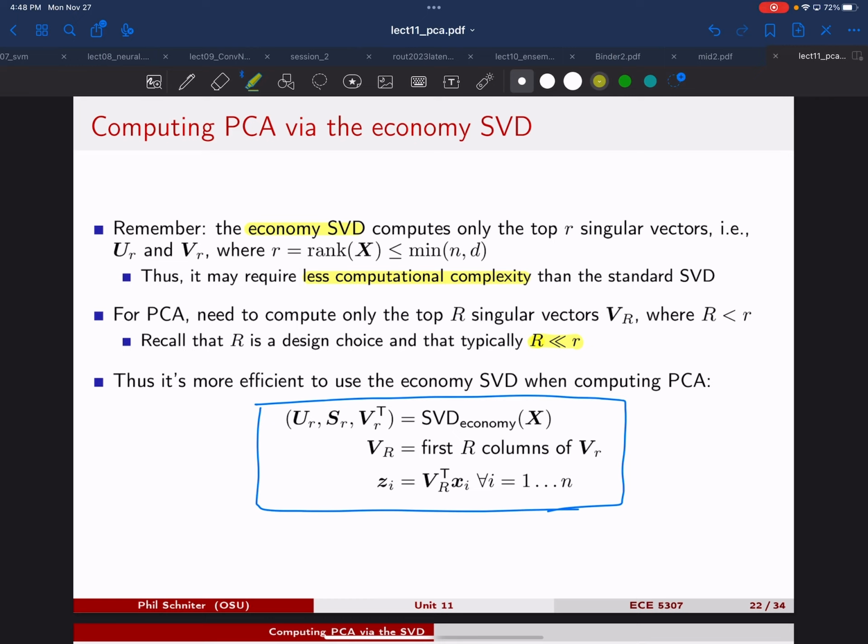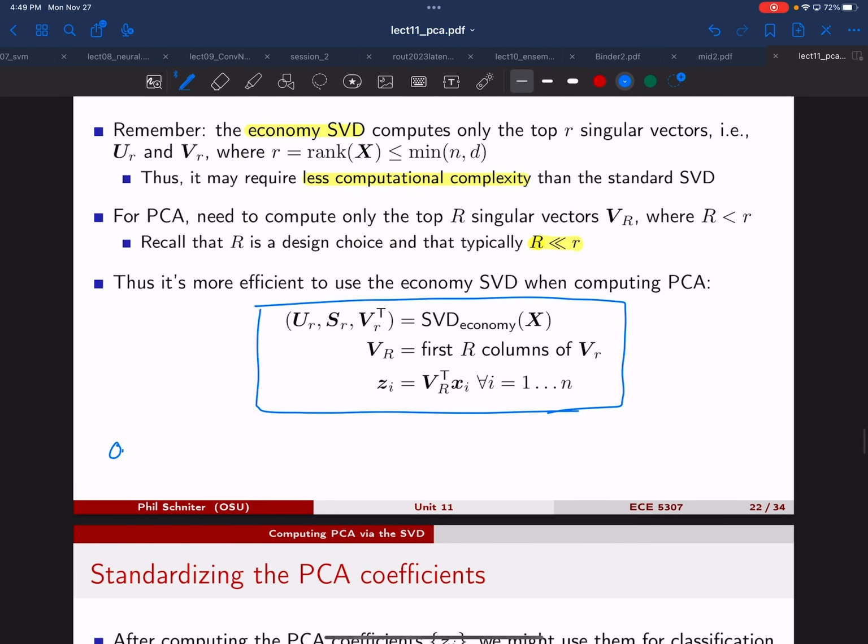So there's actually something even faster than this. I'll just write it here: use the sparse SVD to compute only the top R singular values.